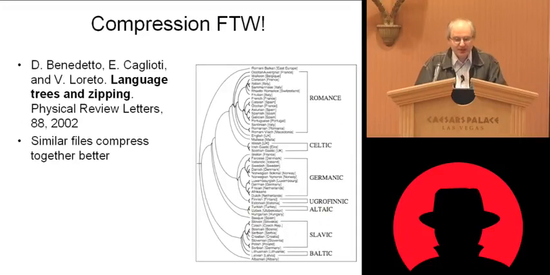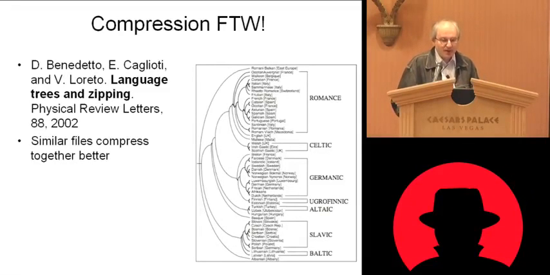Now let's do something else. Let's try to see visually how some things are like the others and others are not. The inspiration here is wonderful work done by two physicists who managed to reproduce almost entirely the phylogenetic tree of languages by taking the Universal Declaration of Human Rights in every language in which it was written and compressing those files together and separately, and noticing how much better they compress together.